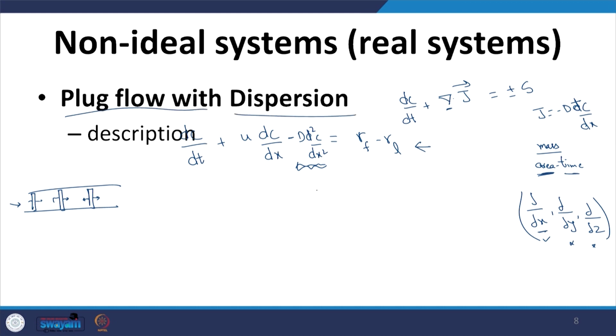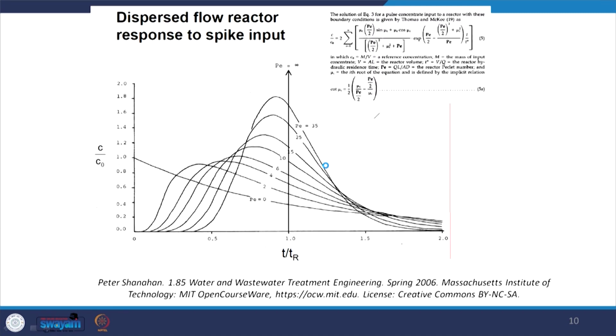And let us see what we have out here. Some mixing, meaning with flux equal to minus D dC by dx, apply mass balance to a differential element, and here it is again the reference out here, right. And here let us see what we have. We have input to your reactor, pulse input, meaning one time injection of your particular tracer, pardon me, and this is the solution. Let us not go into that, but let us just look at what we have out here. There is a particular variable called the Peclet number, and what is it given as?